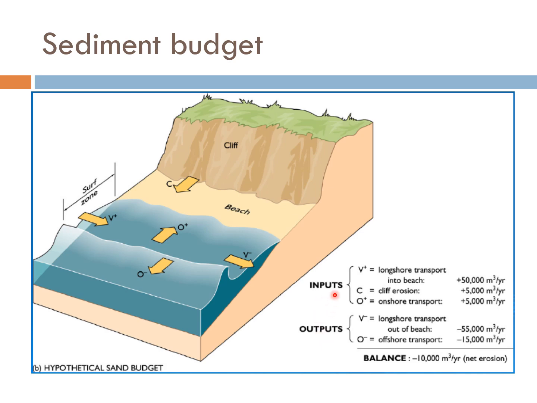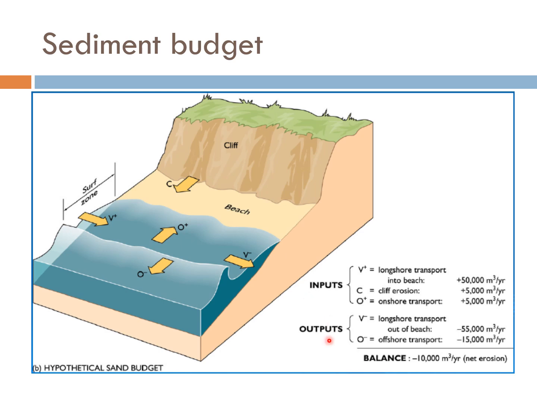For example, over here we have longshore influx from here at 50,000 meter cube per year. We have cliff erosion influx at 5,000 meter cube per year, and we have onshore transport of 5,000 meter cube per year.